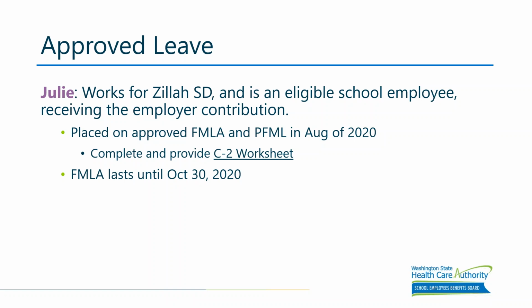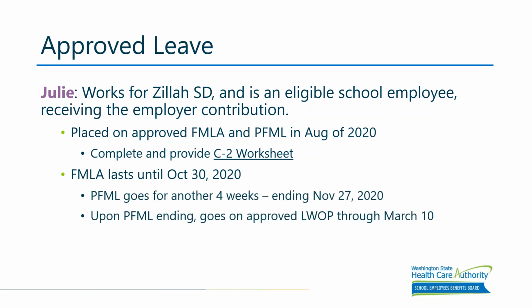That's a new school year, right? So I just want to make that clear. Somebody can be on approved FMLA at the end of a school year and moving into the next school year, they will remain on benefits. Even if at the start of the school year, you're not entirely sure what their working status is going to be. And we're going to go through that here.